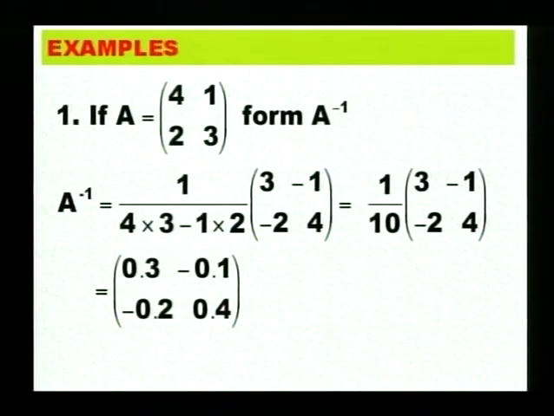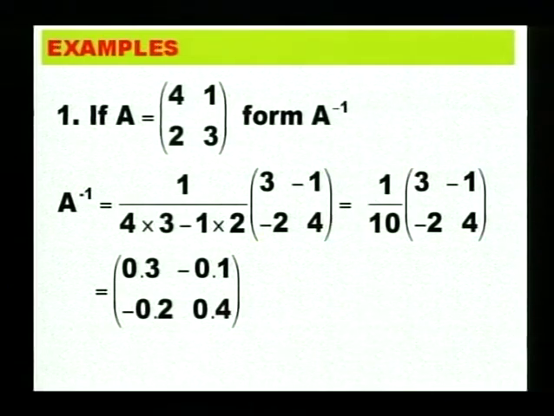It's on page 290. A is given to be the matrix 4, 1, 2, 3.